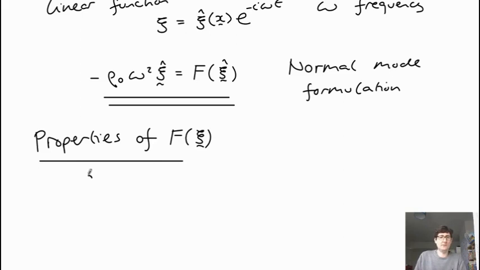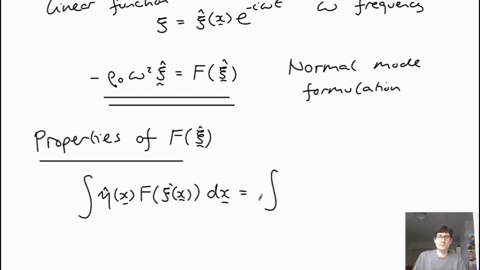This means that the integral of some function, which we call eta hat here, which is some function of space, times the force operator on a different function psi, which is also a function of space, integrated over all space, is equal to the same thing if I swap these around, so if I put the psi on the outside and the eta on the inside. So this means that it's self-adjoint.